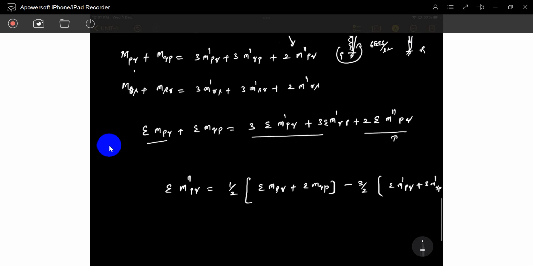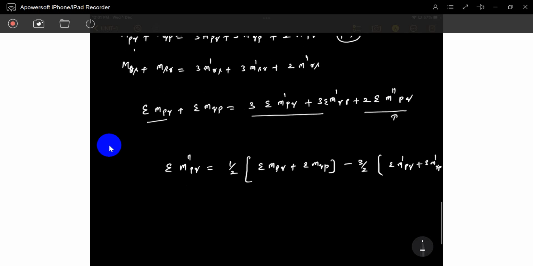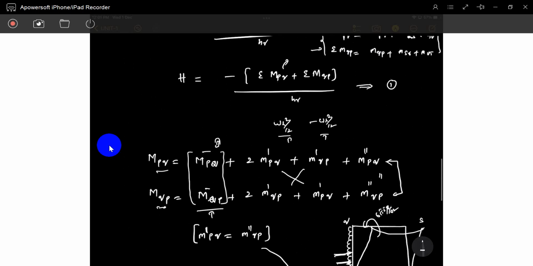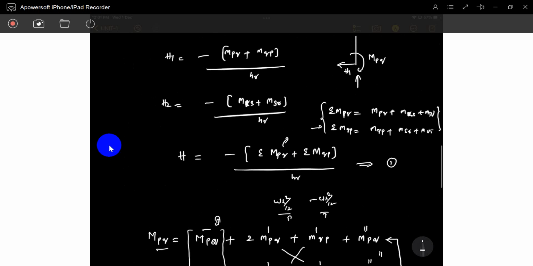That's the exact thing. So this is the value. Now we can see what this value is: the sum of the final end moments PQ, QP. We just derived it here. See, PQ and QP. What is that value?